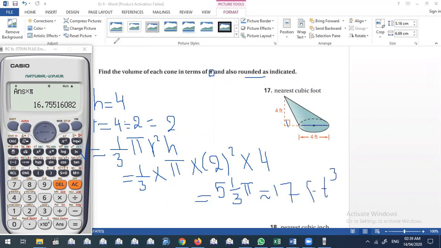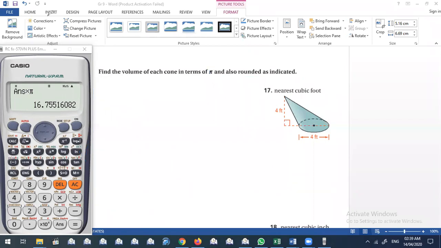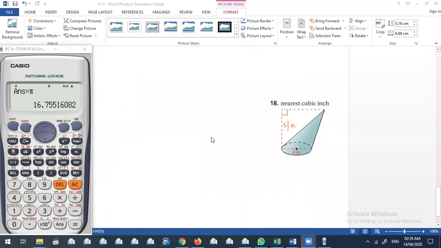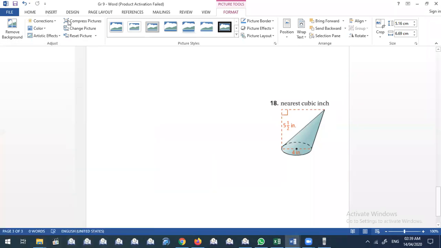The next question: find the volume of this cone to the nearest cubic inch, no problem. We need the radius and we need the height. Here h equals, this is the height, 5.5. What about r? We have a diameter of 4, so r equals 4 divided by 2, that means equals 2.